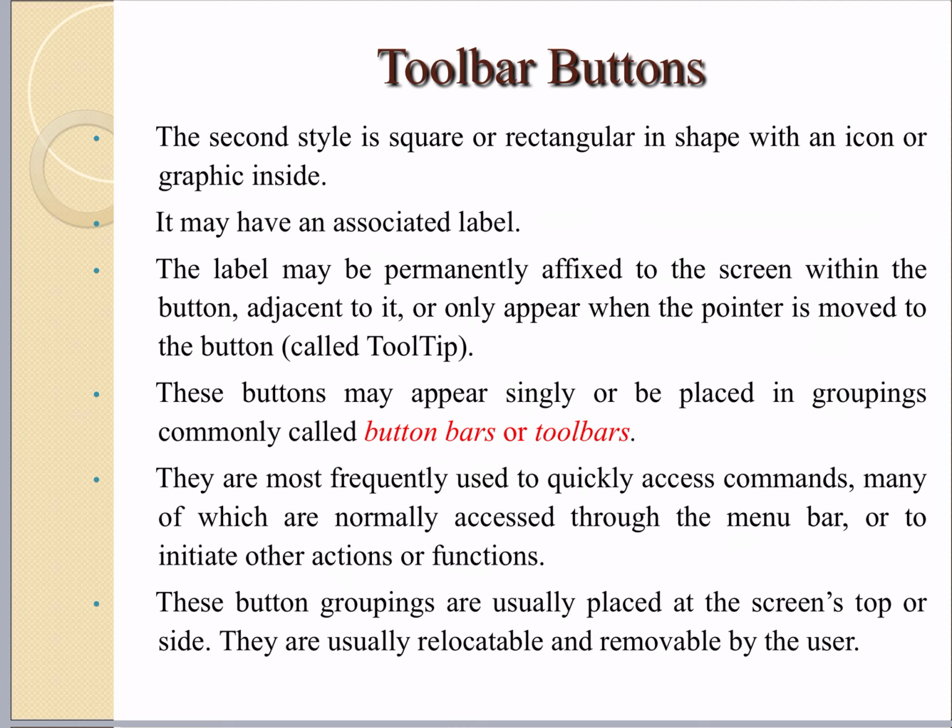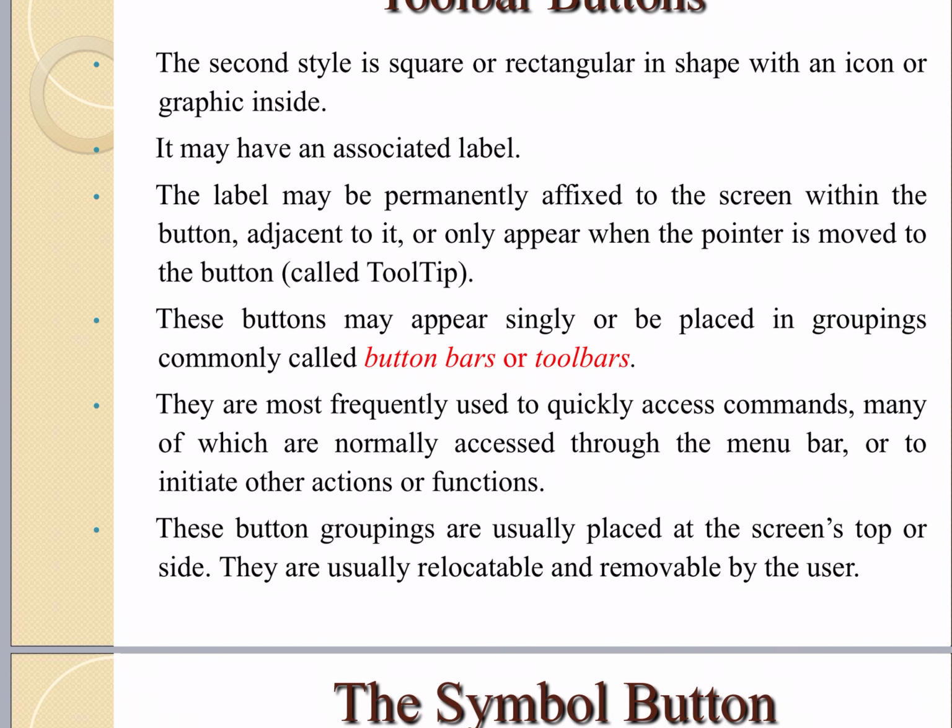These buttons may appear singly or be placed in groups, commonly called button bars or toolbars. They are most frequently used as quick access buttons, which are normally accessed through the menu bar. These button groupings are usually placed at the top or at the side of the screen.